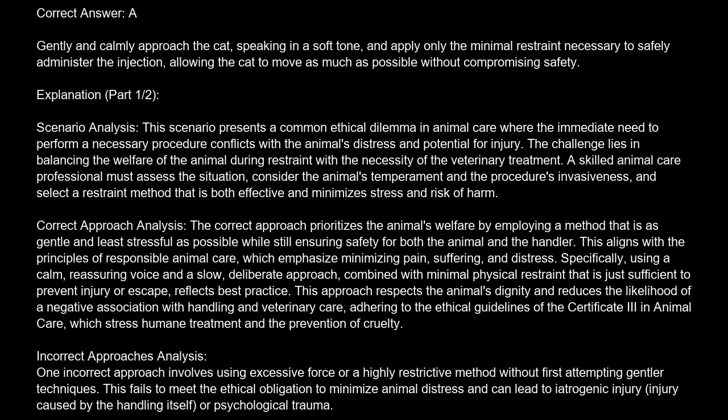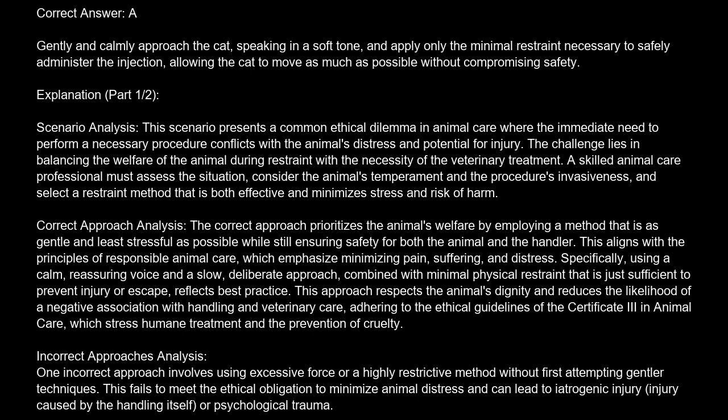Correct approach analysis. The correct approach prioritizes the animal's welfare by employing a method that is as gentle and least stressful as possible while still ensuring safety for both the animal and the handler. This aligns with the principles of responsible animal care, which emphasize minimizing pain, suffering, and distress.